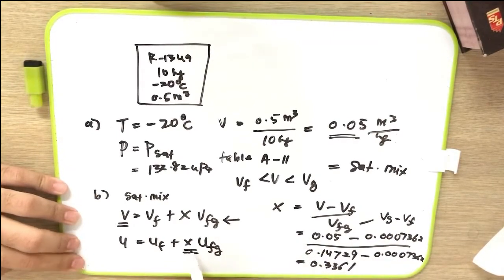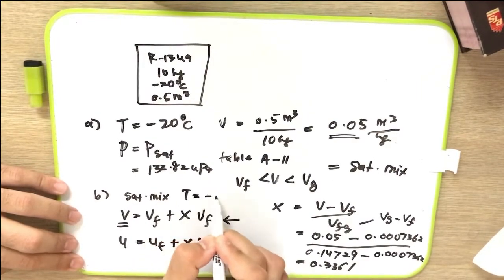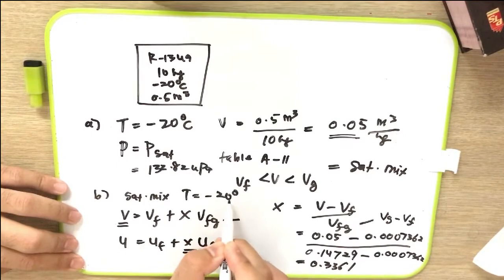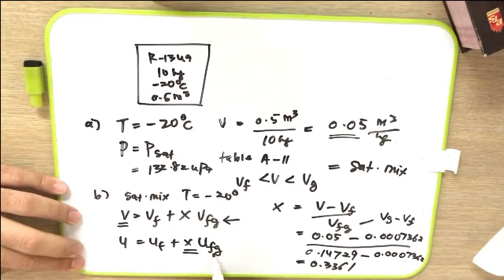So from table A11 at T negative 20 degrees C, we can get all the info for Uf, also Ufg.